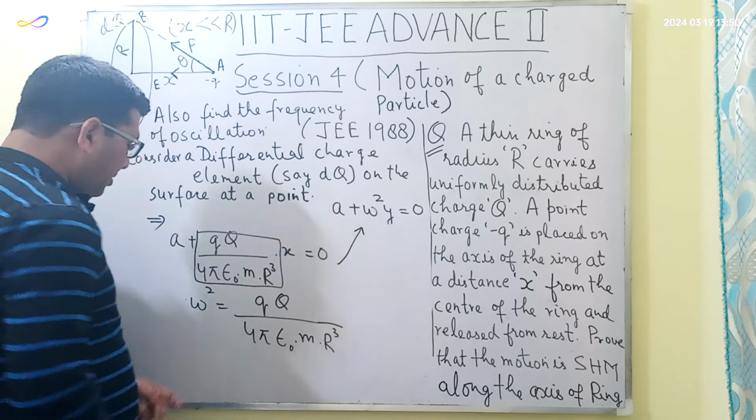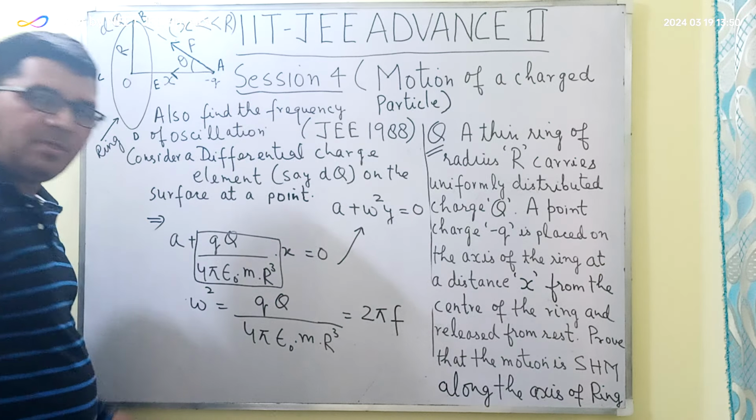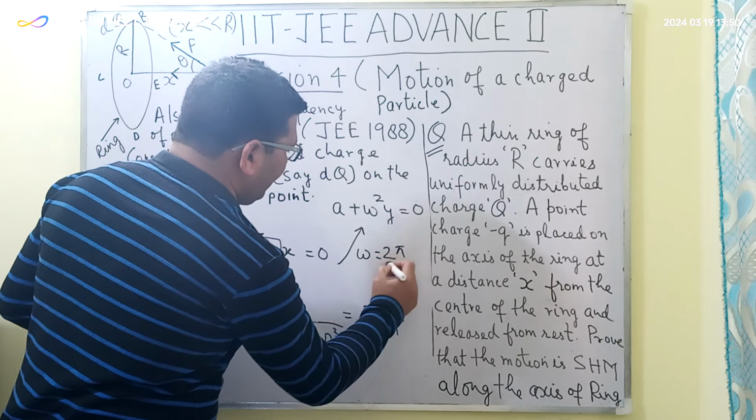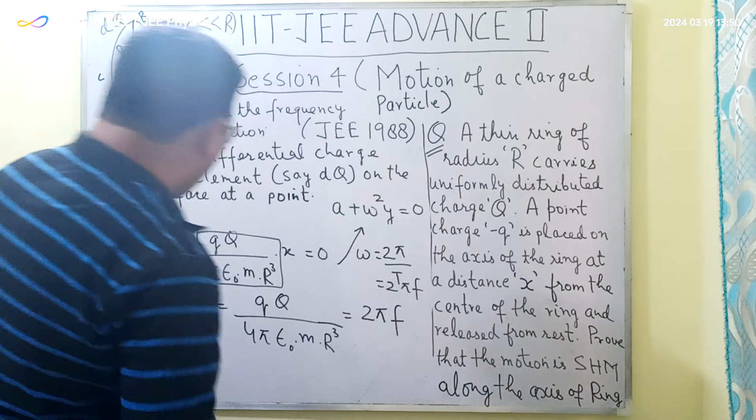And this ω is equal to 2πf. Ω, as I just told you, is the angular velocity, which is equal to 2π/T, and this is also equal to 2πf, where f is the frequency of oscillation.